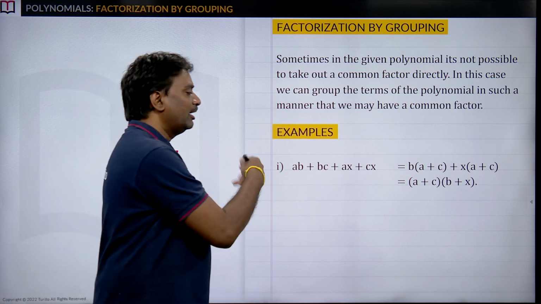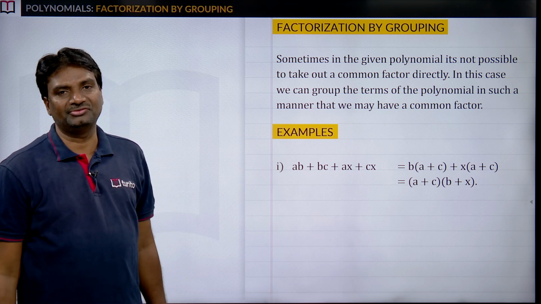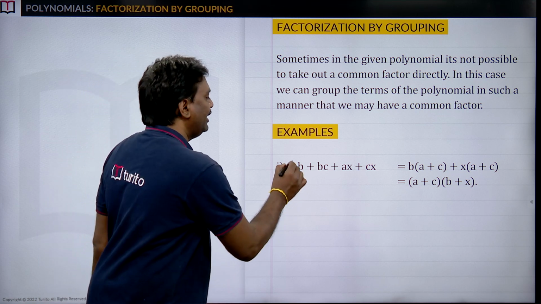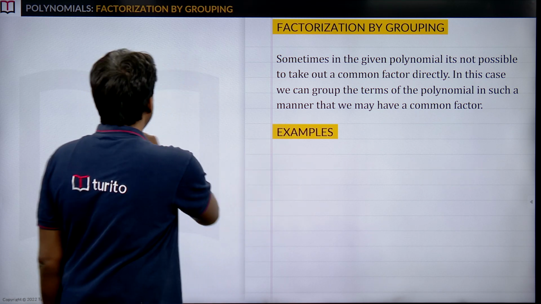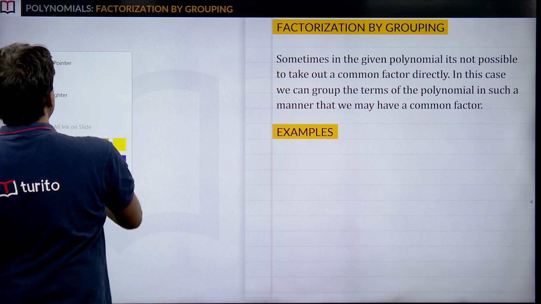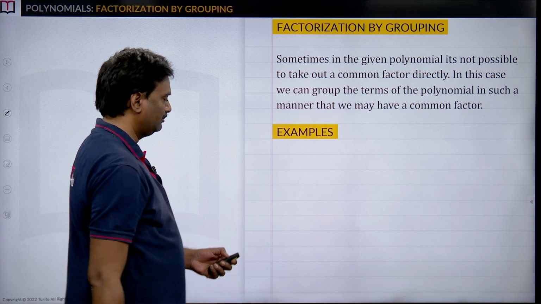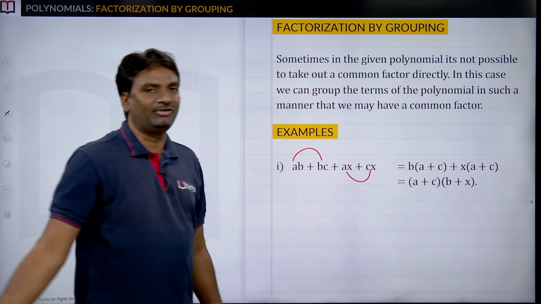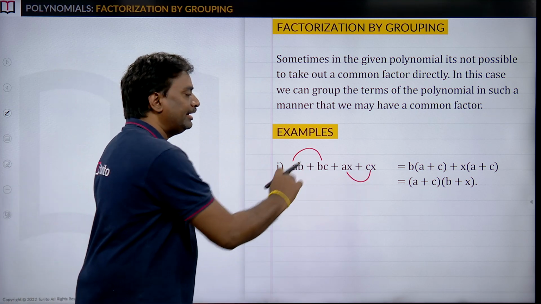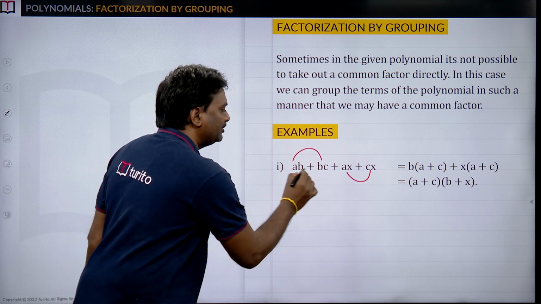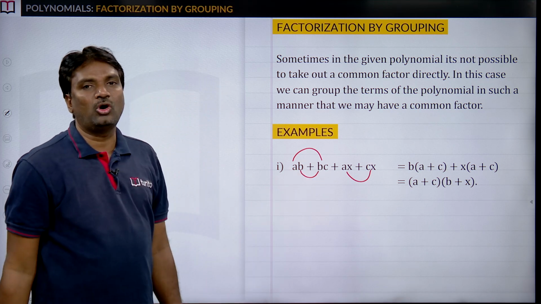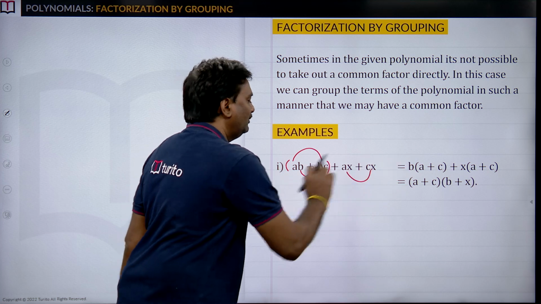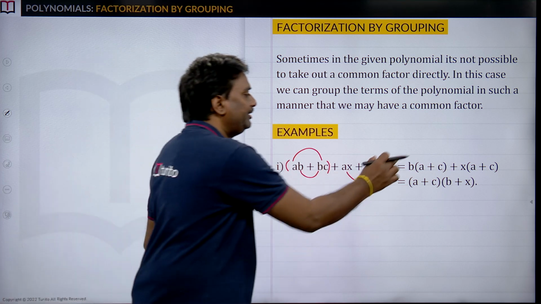Four terms are there, but there is no term common to all of them. So, if we take AB plus BC as one group and AX plus CX as another group, from AB plus BC clearly B is a common factor. Taking B as common, we have A here and C here, so B of A plus C.